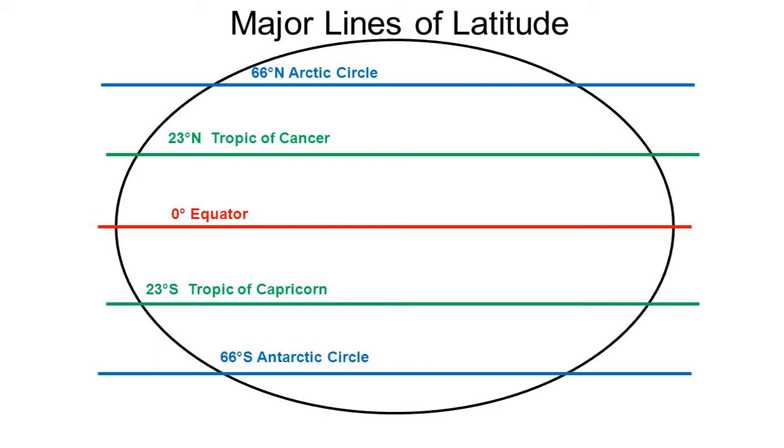We have the Tropic of Capricorn at 23 degrees south or 23.5 degrees south. We have the Arctic Circle at 66 degrees north or 66.5 degrees north. And we have the Antarctic Circle at 66 degrees south or 66.5 degrees south.